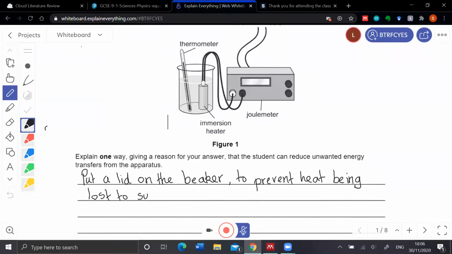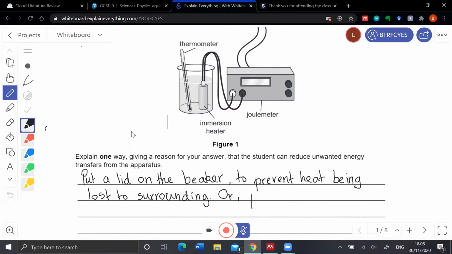Okay, another one would be to insulate it. So you could put the whole beaker into a styrofoam cup, for example. I did that in my experiment in the class.